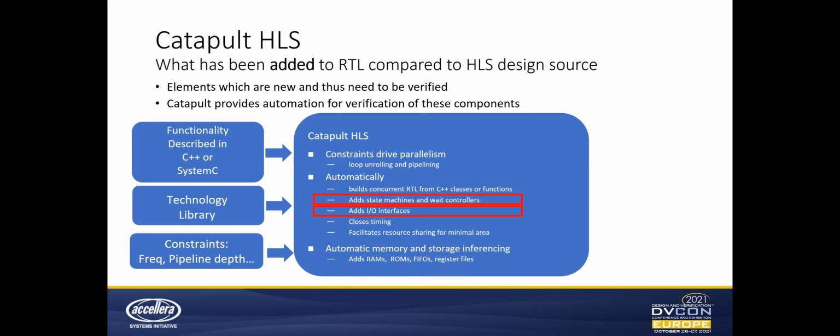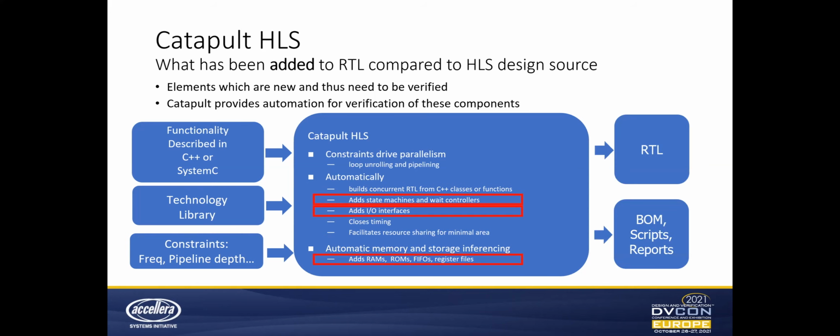We take the arguments to your C++ function calls, for example, and those are transformed into I/O interfaces, those ready, data, valid signals that I was talking about earlier. Catapult will also automatically infer memory and storage elements. These could be RAMs, ROMs, FIFOs, register files, that sort of thing. The output will, of course, be the post-HLS RTL, along with a bill of materials, reports, and scripts that run various flows.